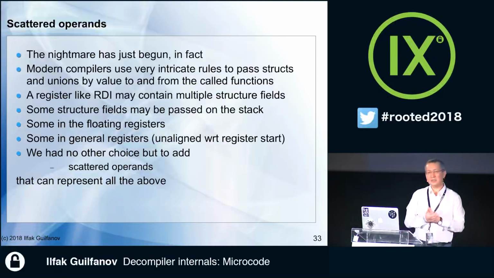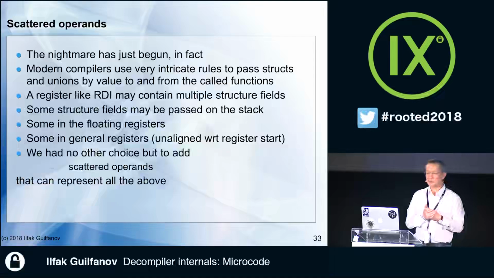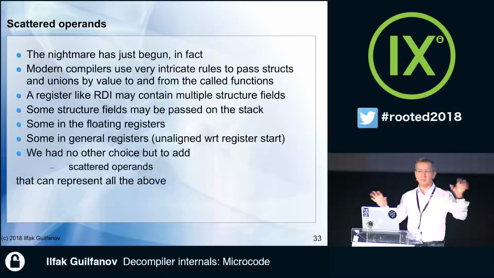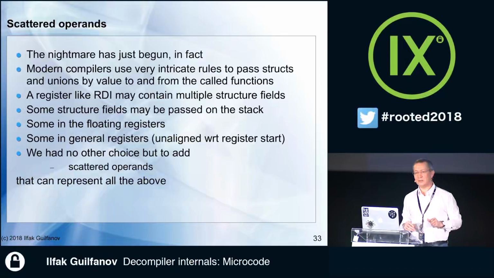Unfortunately, the nightmare does not stop here, it just begins, because modern compilers can do even nastier things. They can hold an operand not only in two registers, but even three or more, including the stack frame, non-contiguous stack frame allocations, and everything like that.